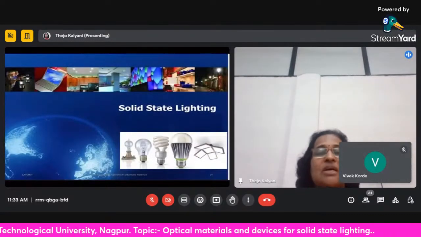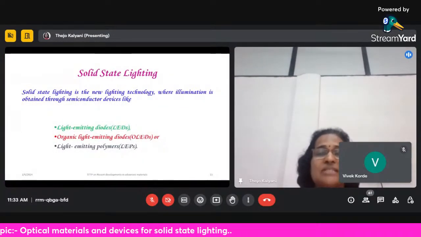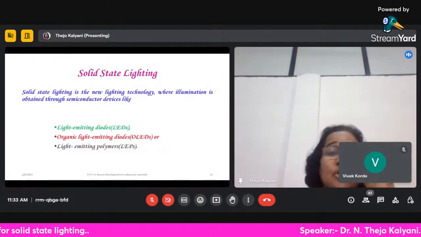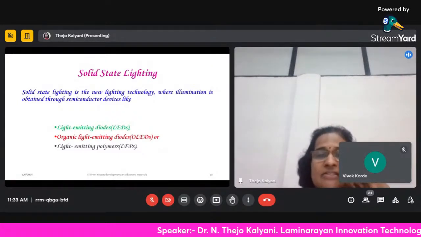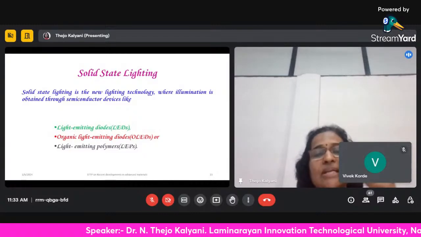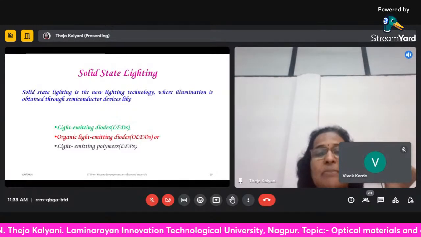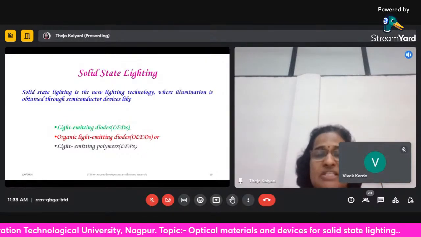And hence comes solid state lighting. Solid state lighting is the new lighting technology where the illumination is by solid state devices like semiconductor devices. They are known as solid state devices because they are made up of semiconductors. LED is a solid state device because it's made up of a semiconductor.